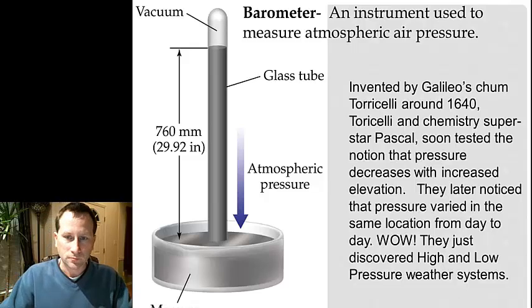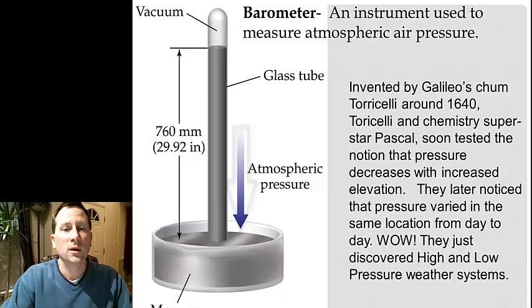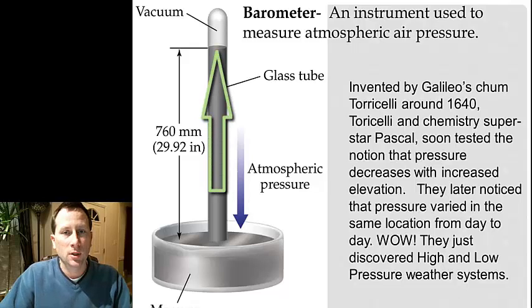The way it works, as the air pressure or density outside increases, it's going to push down on the mercury in the dish. And the only place the mercury has to go is up the tube.